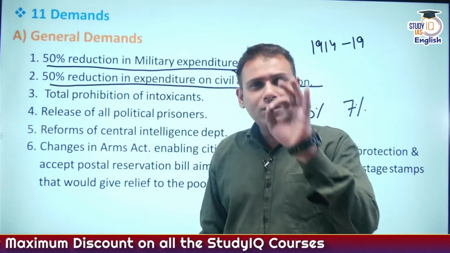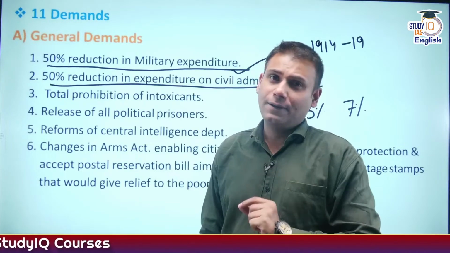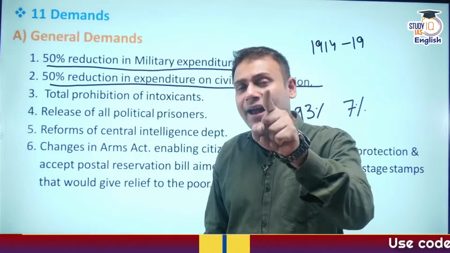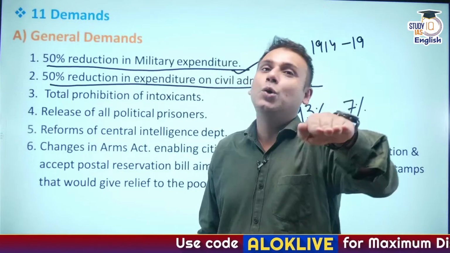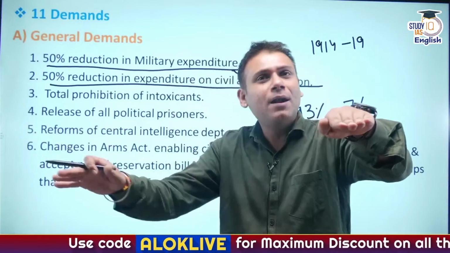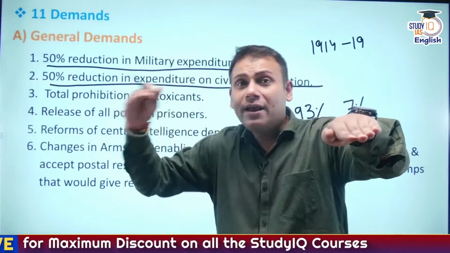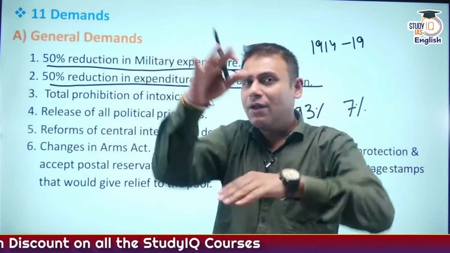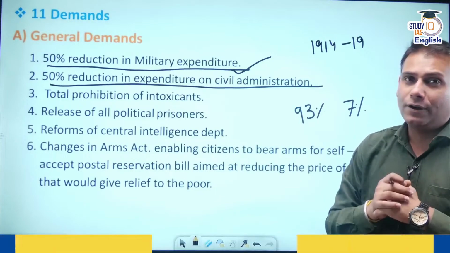There was a hefty payment of pensions, salaries, perks, and privileges. If more Indians were included into the civil services, the amount could have been reduced. This is nothing but another form of drain. The money is draining out of India.